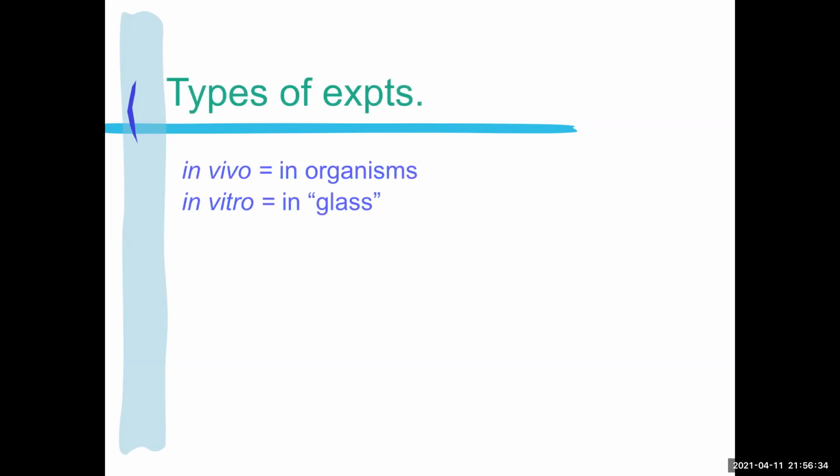Types of experiments. You might hear in vivo, which is Latin, meaning in organisms. It's always in italics like that. In vitro means in glass, in other words, in a lab. Nowadays we have in silico, in silicon, which means done on a computer.